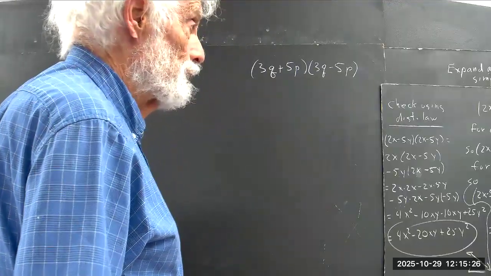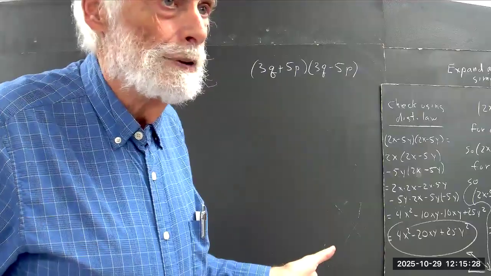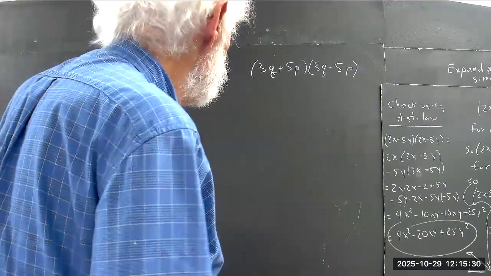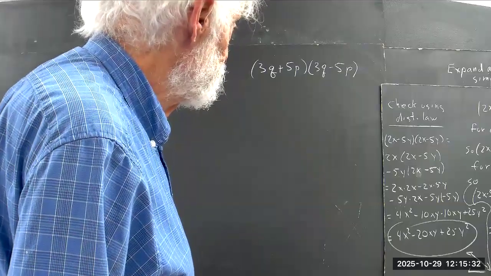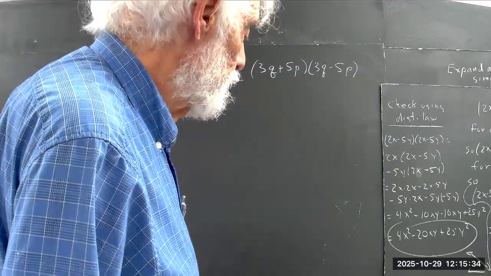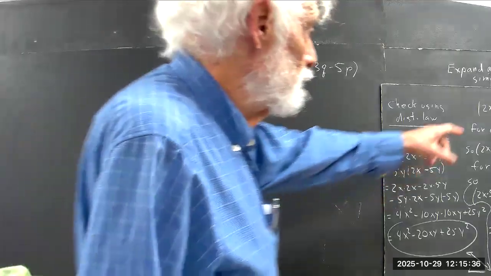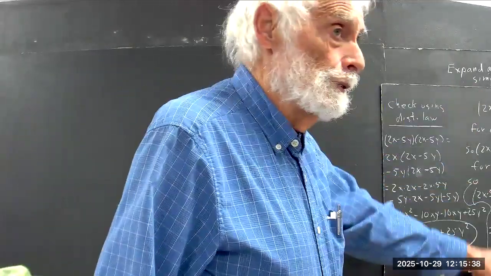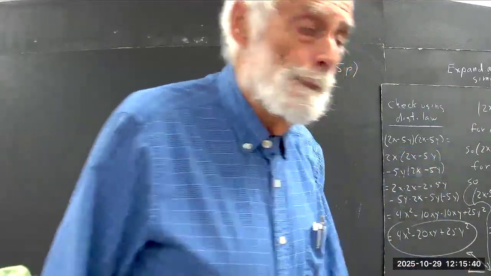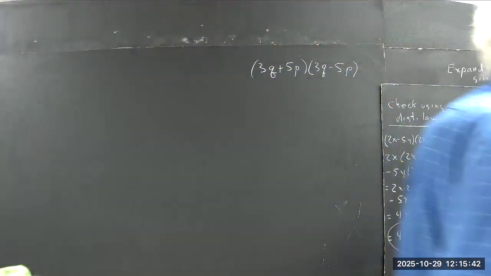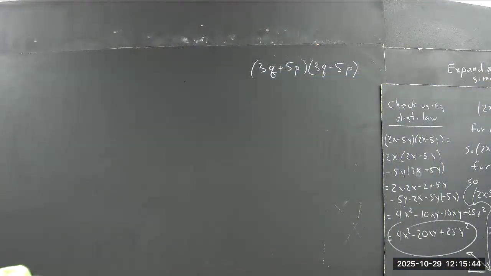So you're still going to be able to say, well, this is equal to A squared minus B squared. But imitate what I wrote here as best you can. It shows you the logic, it reinforces the logic, and you're more likely to remember it when you need it.